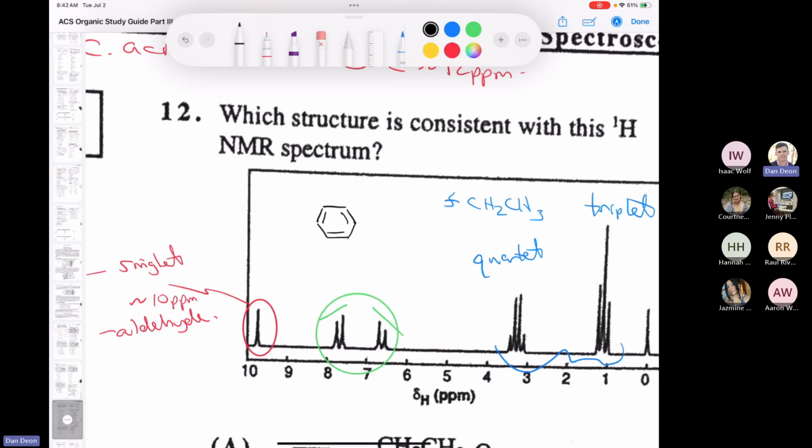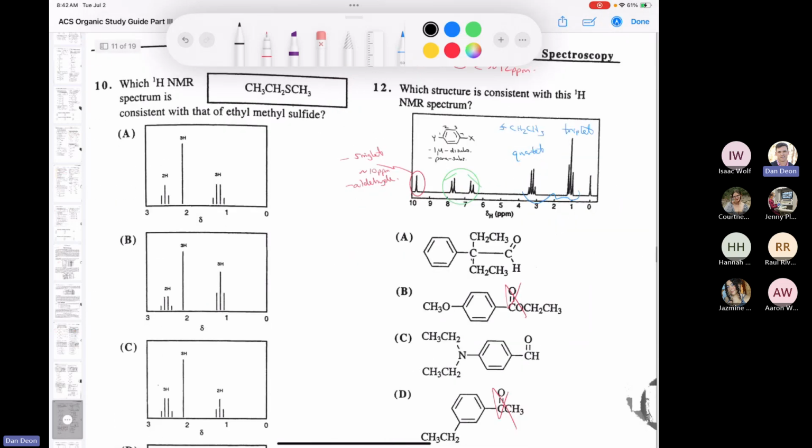Okay, so when we have two doublets leaning in towards each other like that, what it means is that your aromatic ring has two different substituents and they're in the 1,4 position, right? So 1, 2, 3, 4. So we say it's 1,4 disubstitution, okay? Another way to put it, you could say it's also called para substitution. Either one is totally fine. And so that tells us that it has to be C, okay? Because this one has got 1,4 substitution, whereas this one is monosubstituted, okay?